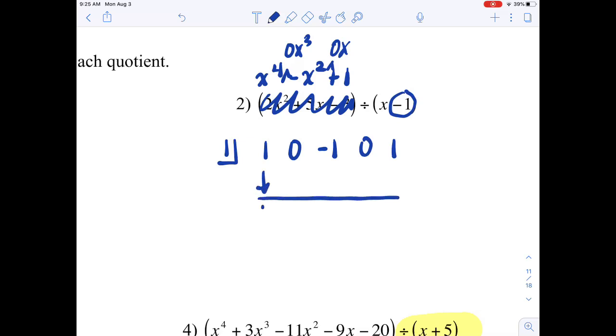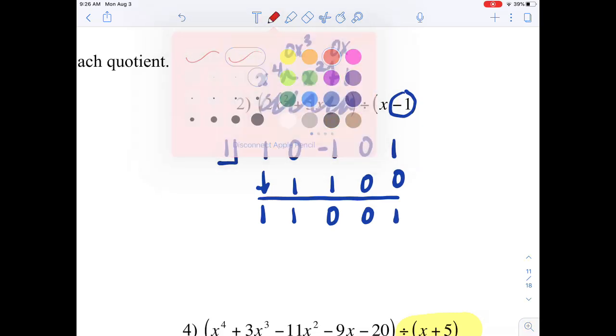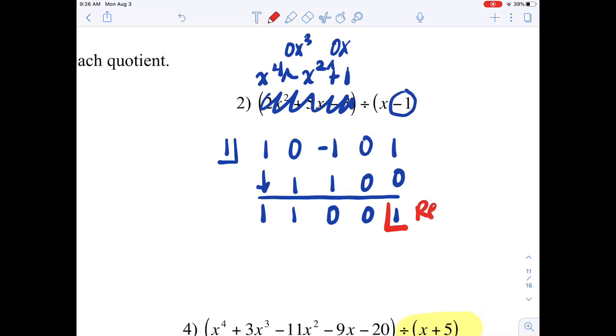You bring down your column, multiply by the outside, add down your column, multiply by the outside, add down your column, multiply by the outside, and then you get your final answer. Okay, so to recap, the last number is your remainder. So I'm going to have some sort of fraction added on to the end of this.